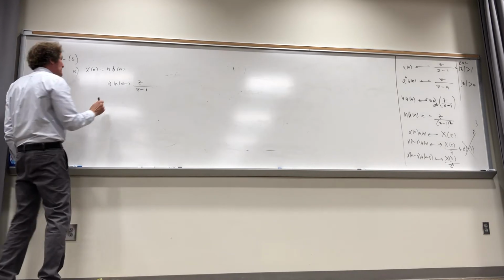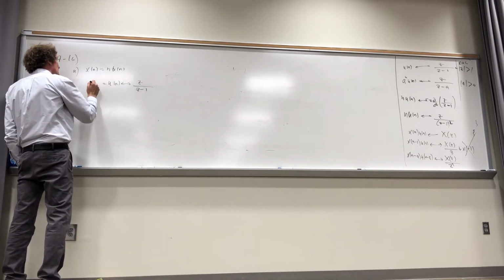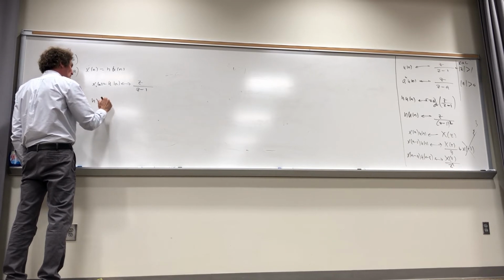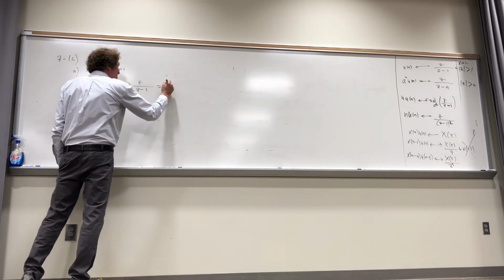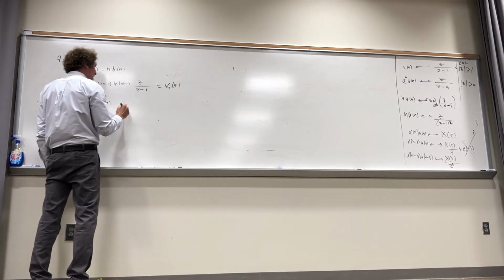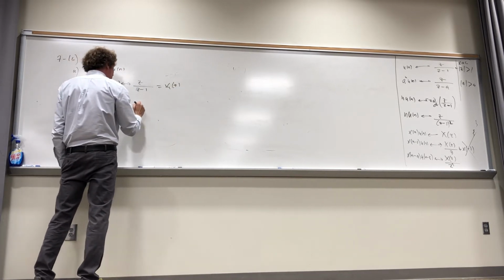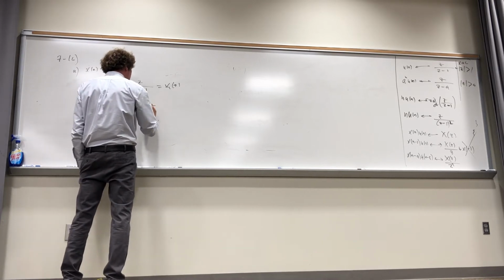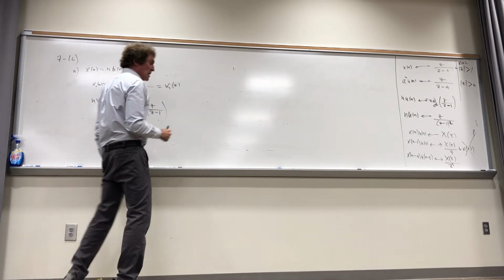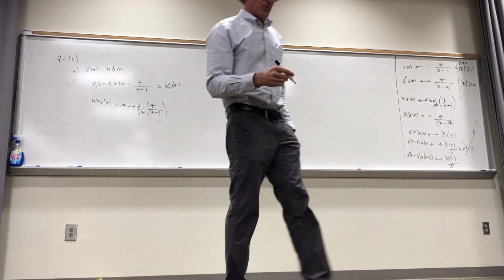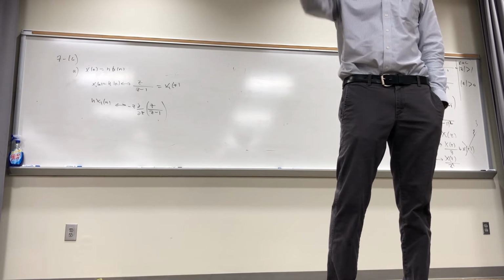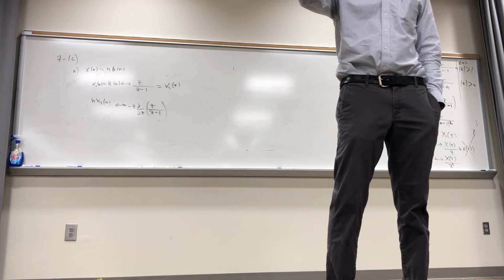Now, if I think of this as x1 of n, then if I have n times x1 of n, and call this x1 of z, I know that that will go to minus z times the derivative with respect to z of z over z minus 1. I thought last time I showed the proof of how n times x of n goes to minus z times the derivative of x of z with respect to z.